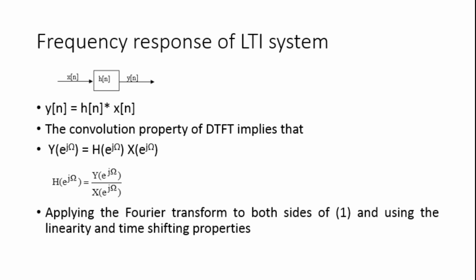The convolution property of DTFT implies that Y of e power j omega is equal to H of e power j omega into X of e power j omega, or H of e power j omega is equal to Y of e power j omega divided by X of e power j omega.